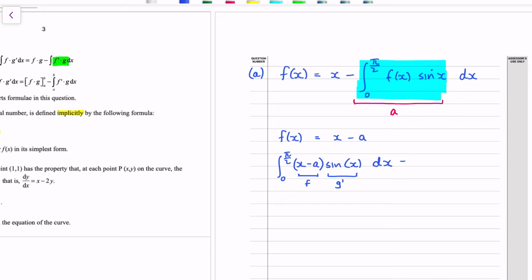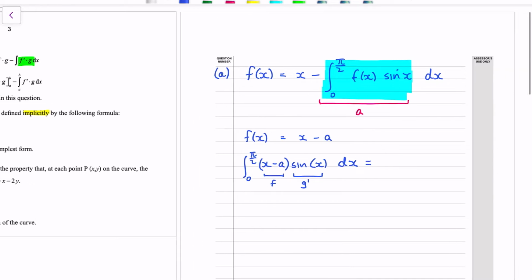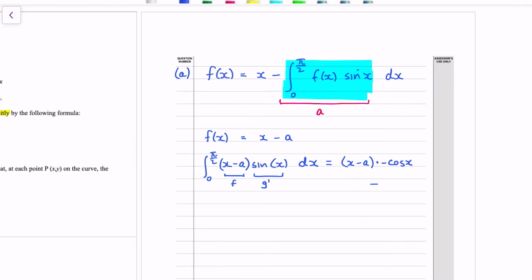So on the right hand side, the integral becomes x minus a times g, which is the antiderivative of sine, negative cos, minus the integral of f dash, which is 1, since the function's x minus a and the derivative is 1, times g, which is minus cos.